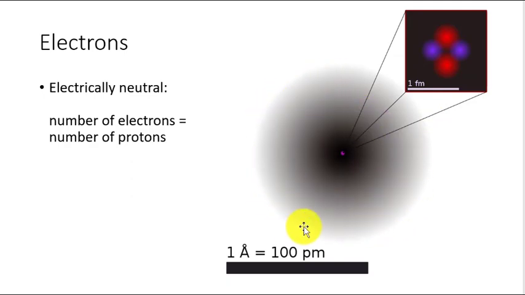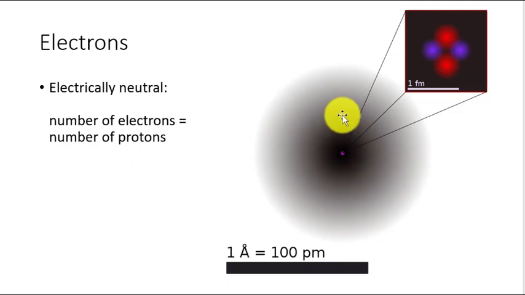And what we're looking at here with this diagram is the probability that we find an electron orbiting around this helium nucleus. The darker the color as we move into the nucleus, the more likely we are to find an electron in that area. So there's a large three-dimensional orbital cloud in which electrons could be moving around the nucleus, but we're just most likely to find them close to the nucleus.